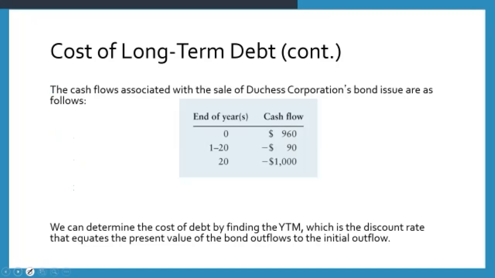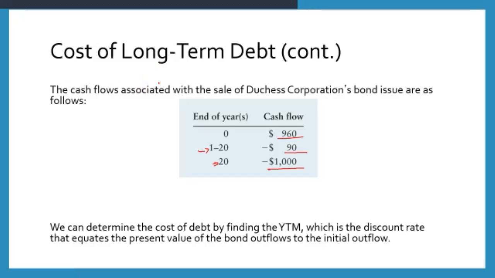So the cash flows associated with the sale of Duchess Corporation bond issues are as follows. In year 0, when they raised the money, they would have raised 960 per bond. And for the 20 years, they would have paid 90 per year. And at year 20, they pay back the full $1,000 per bond.